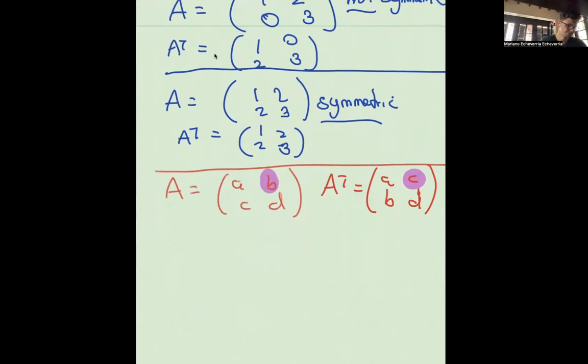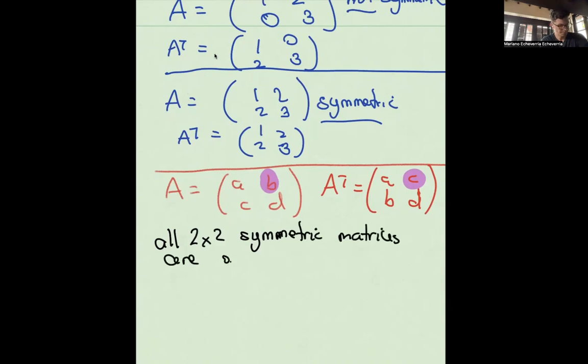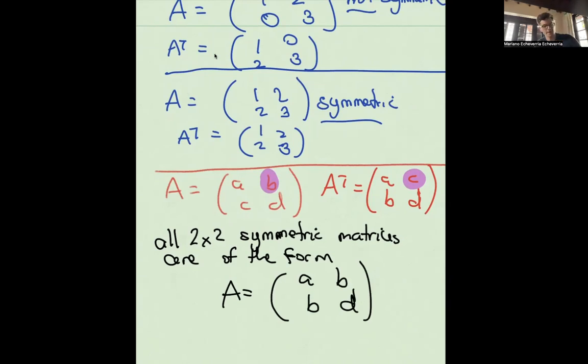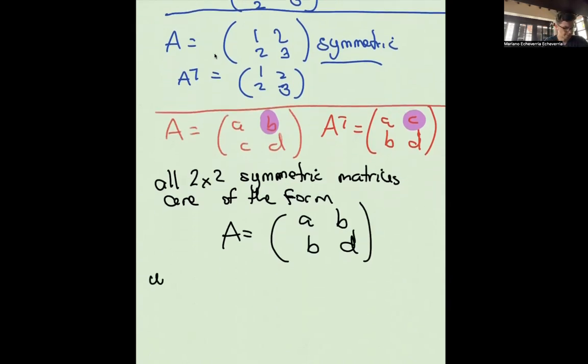This is useful because for our purposes, we will only work with symmetric 2x2 matrices. All 2x2 symmetric matrices are of the form A equals [A, B; B, D], where A, B, and D are arbitrary.